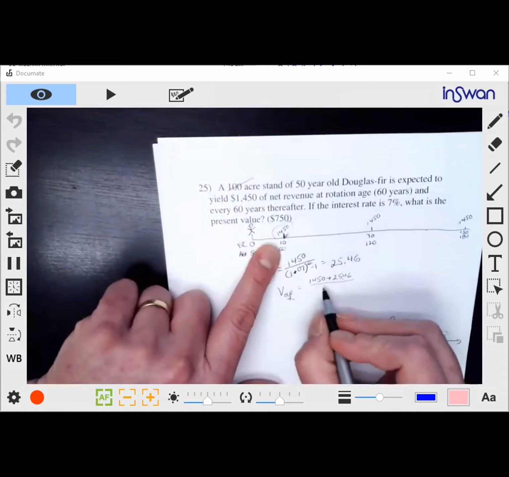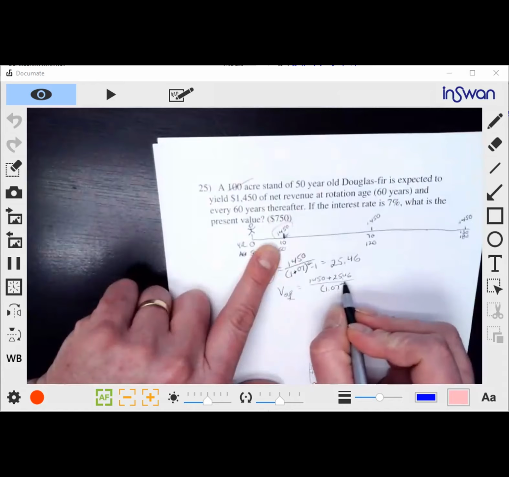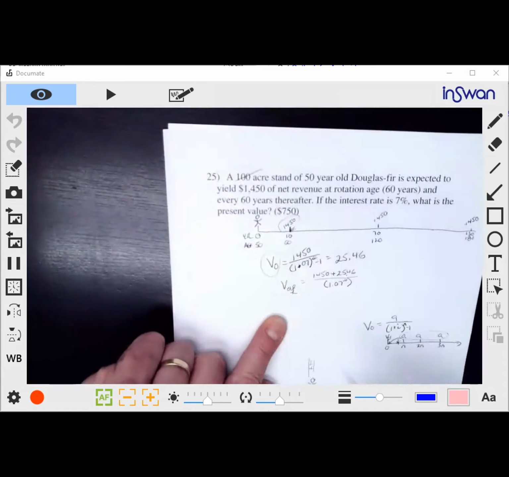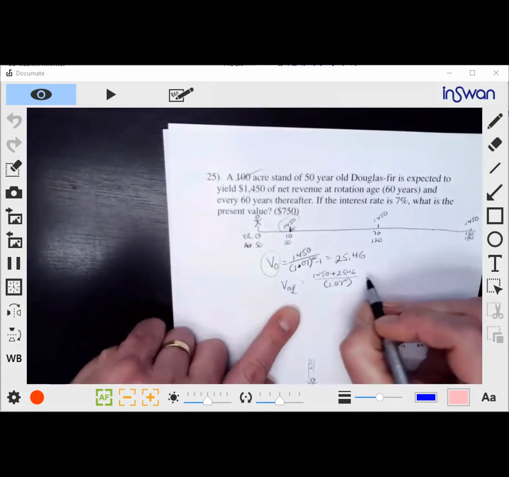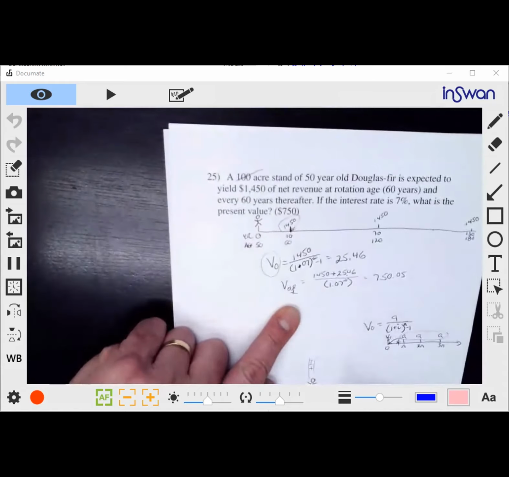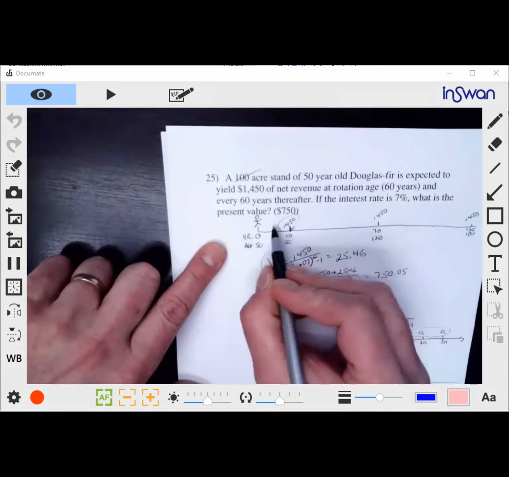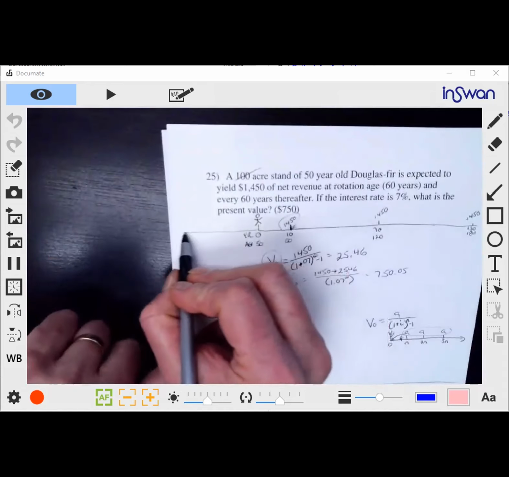But it's here, and I need to take it 1.07 to the 10 back, right? And that would give me my $750.05.